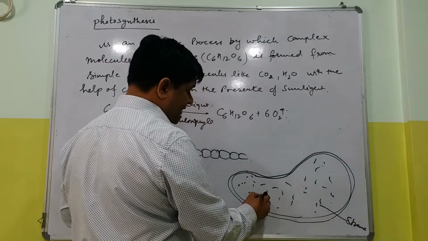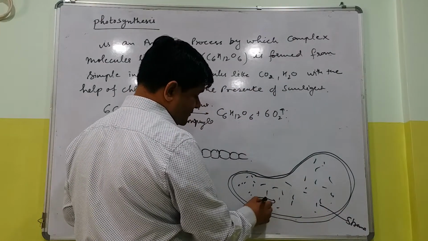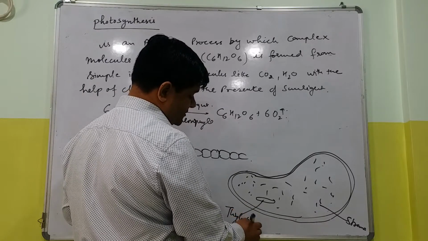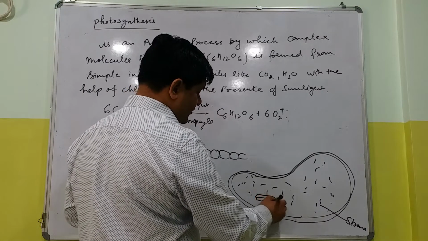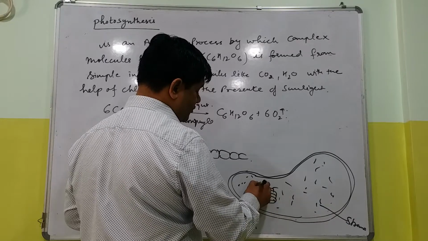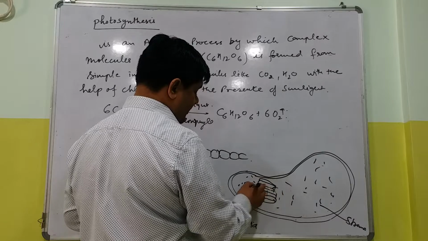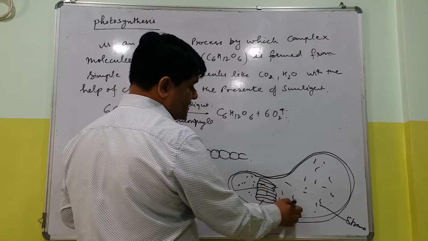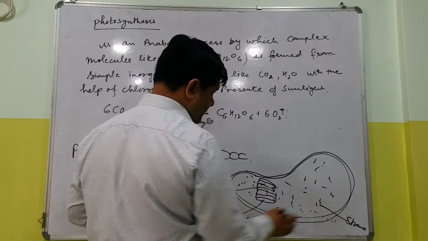They have sac-like structures called thylakoids. These thylakoids in a group of 7 to 8, 10 to 12, form grana.